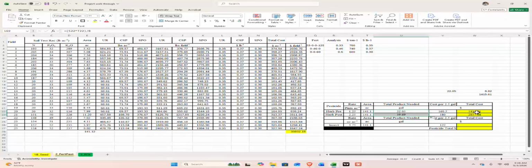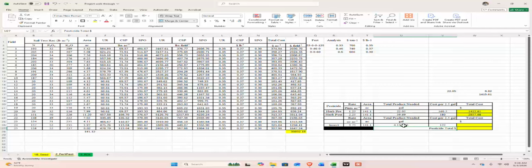I need that. Now, how many ounces per acre? This is actually gallons, so this is ounces times the acres divided by 128, because there's 128 ounces in a gallon. So we need 4 gallons, and we're probably going to end up buying 2 of these jugs.